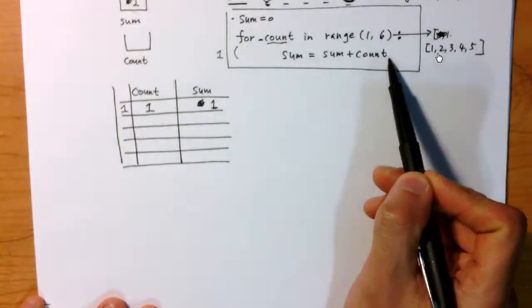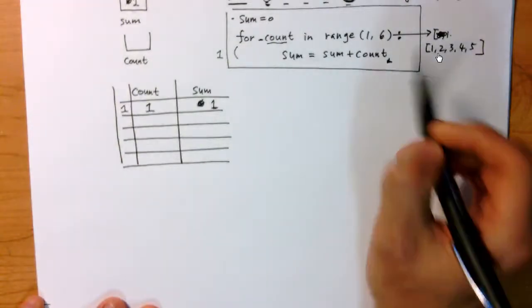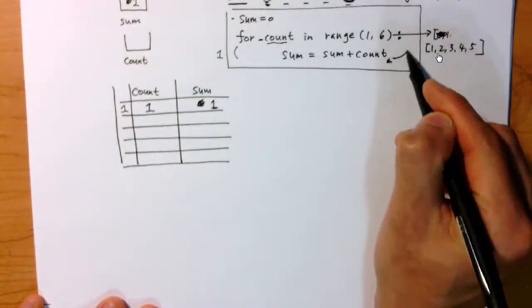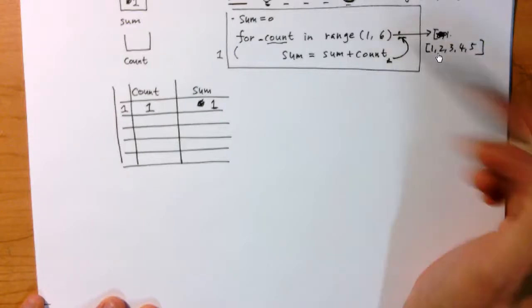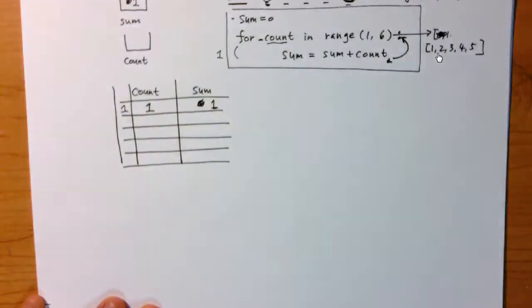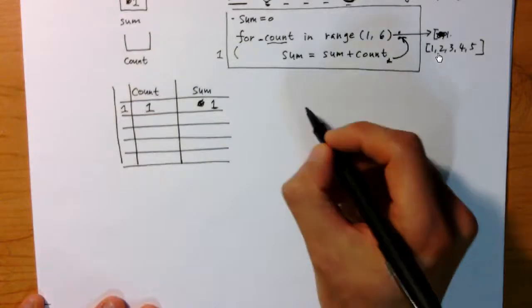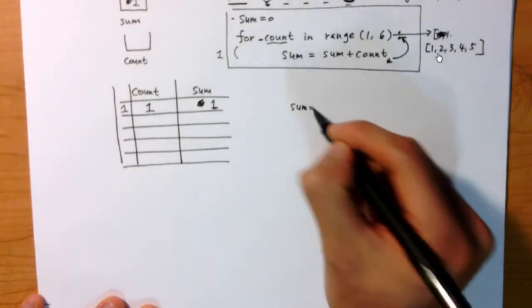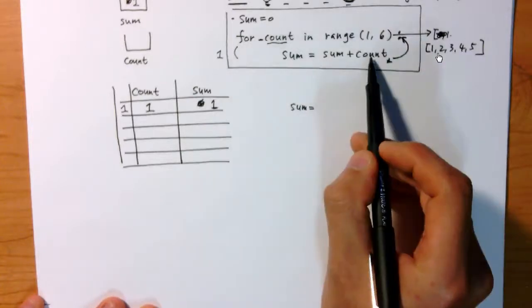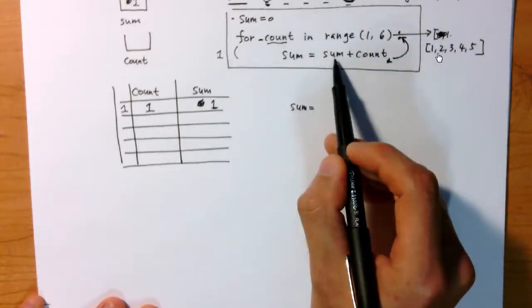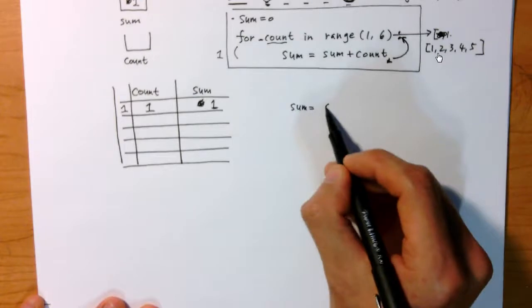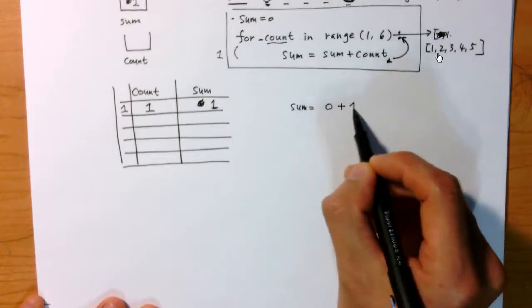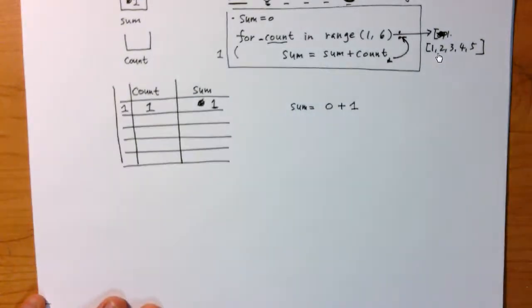I'm done with this statement, and then I'm going back to the for loop header. So the first iteration is count 1, sum was 0, so 0 plus 1.